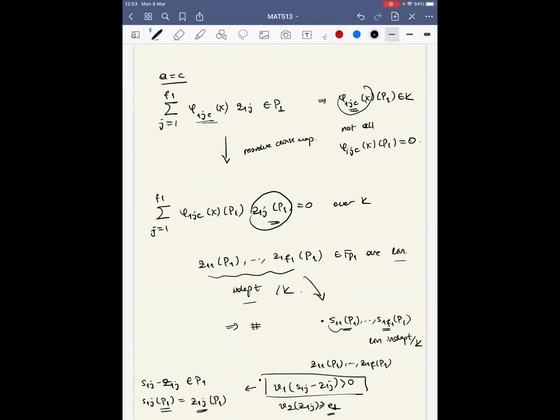So if these Sij's are linearly independent, the Zij's chosen with respect to the approximation theorem are also linearly independent. So this is why we get a contradiction.